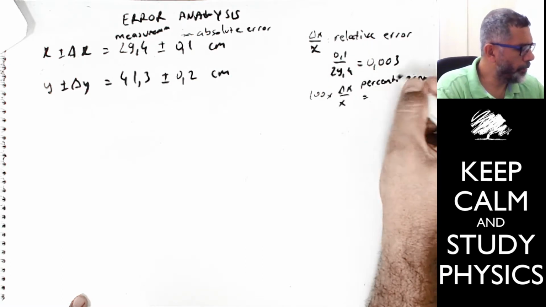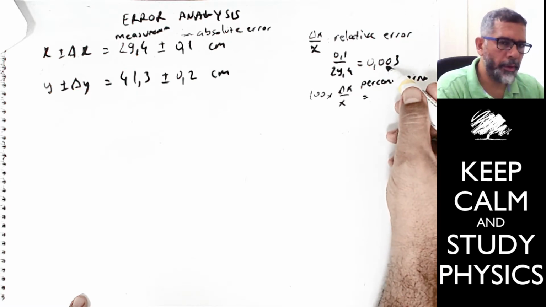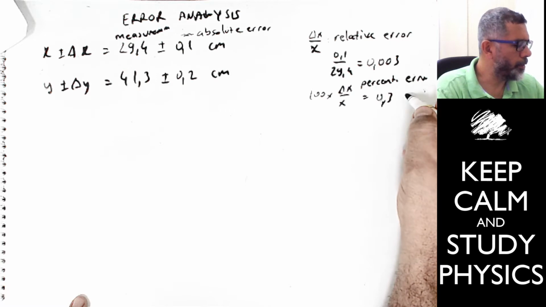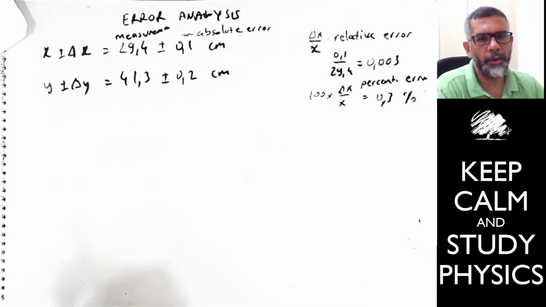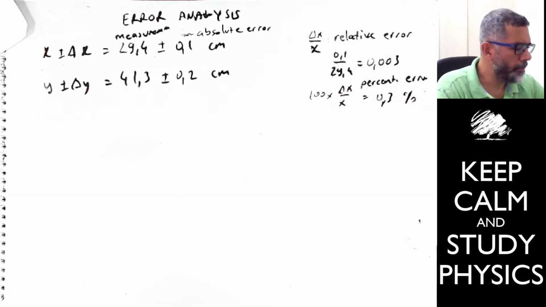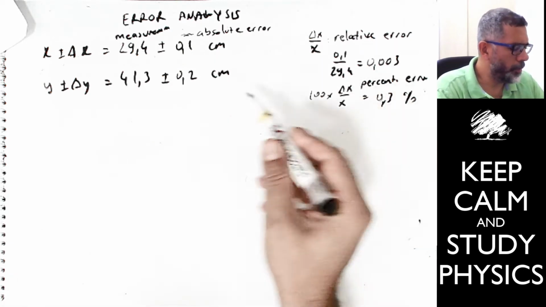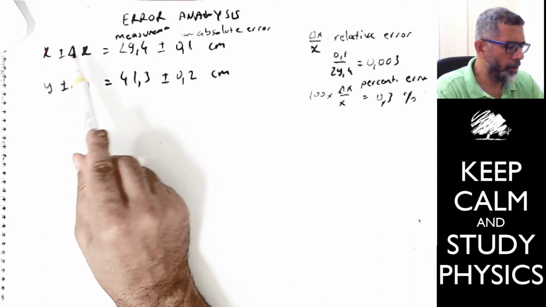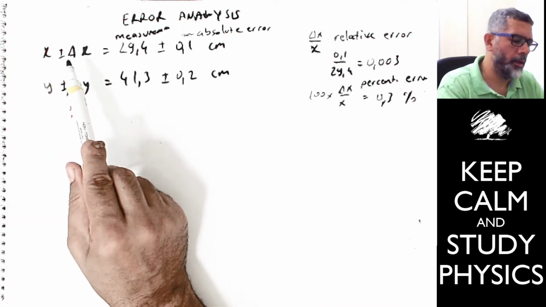Obviously, multiplying this by 100, you get 0.3. That means you get 0.3% error in your measurement. You can do these calculations for every measurement. I have just done this as an example for this one.